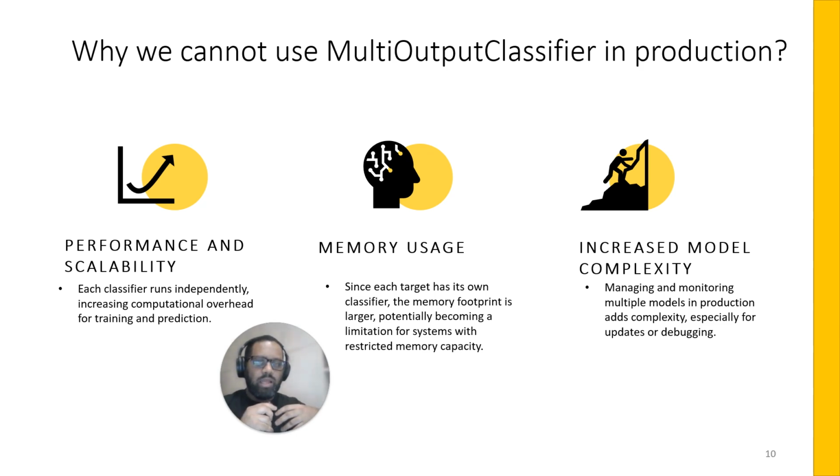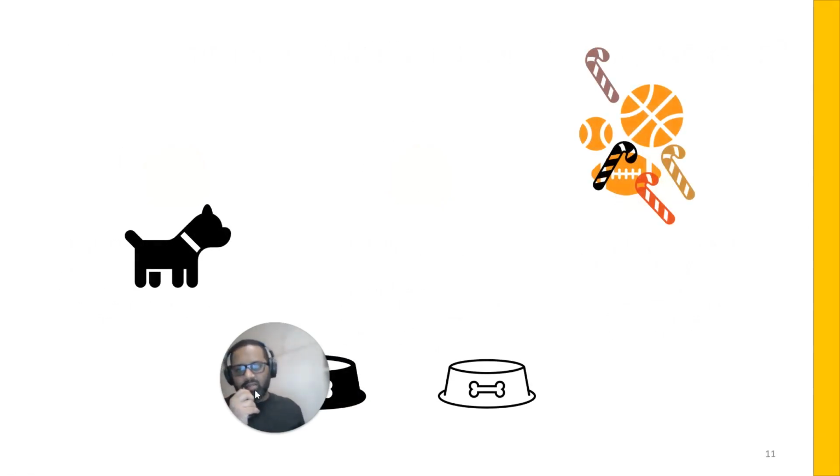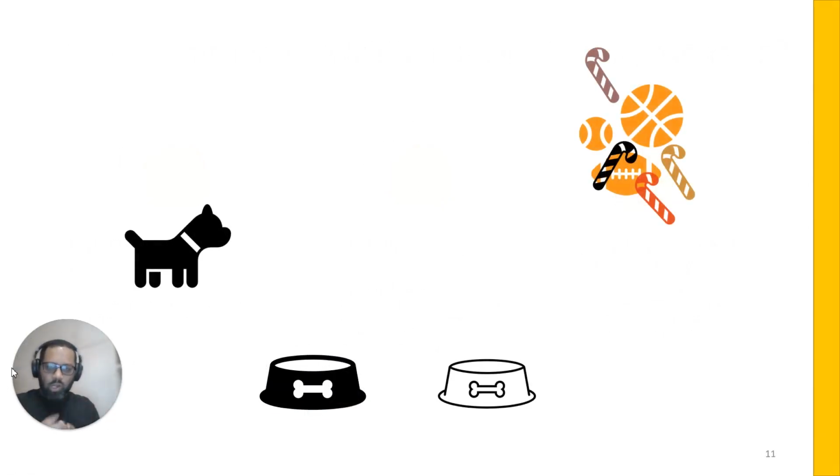I can simplify this more by giving you an example. Consider you have a dog, and there is a huge mixed stack of balls and sticks. Consider this dog as your multi-output classifier.